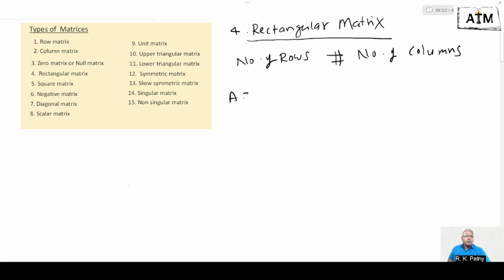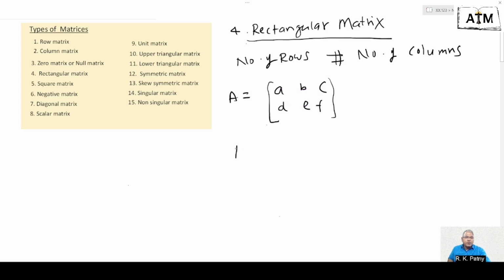Example, suppose matrix A, B, C, D, E, F. If you join all the elements starting from A, without lifting the pen, coming back to the same element, we get the shape of a rectangle. When we get the shape of a rectangle, it is called a rectangular matrix.